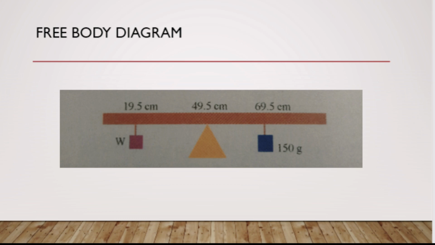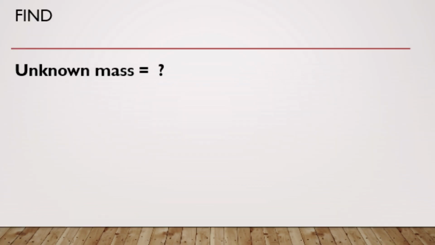Here you can see that the meter scale is balanced at 49.5 centimeter. On the other side, at 69.5 centimeter, we are keeping 150 gram. And we need to find the unknown mass we are going to hang on the other side of this meter scale in order to balance it.